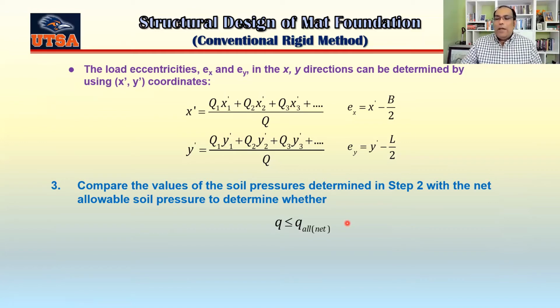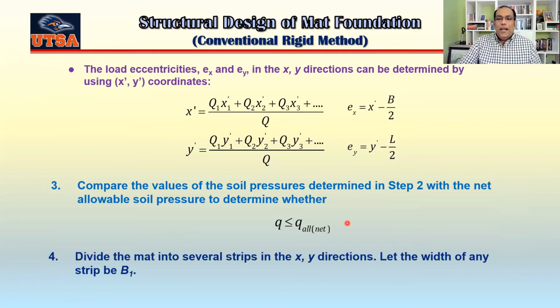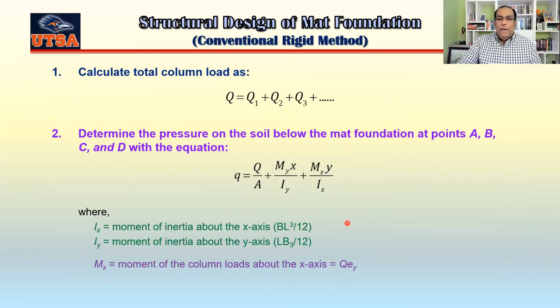So what will happen if you see that here, if you increase your A, then basically your Q will decrease, okay? So if you increase the footprint of the mat, then you can reduce your Q, okay?